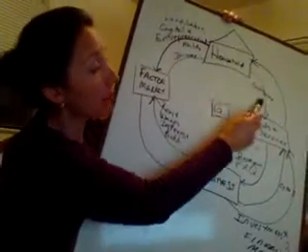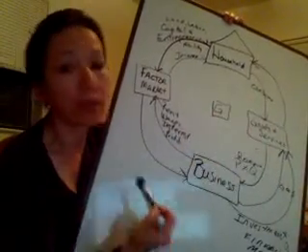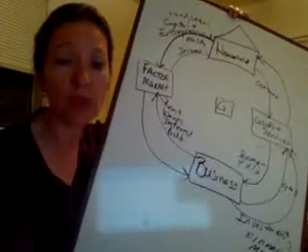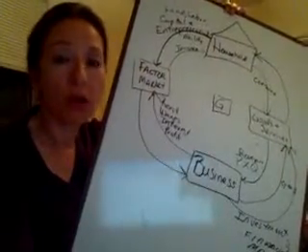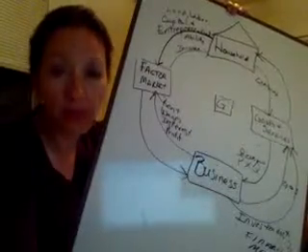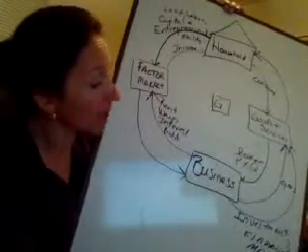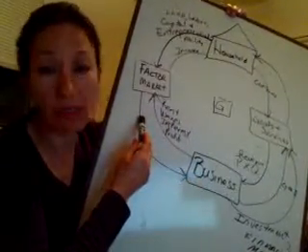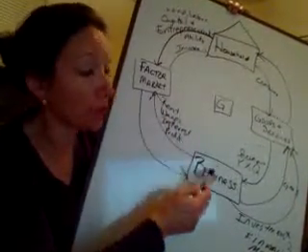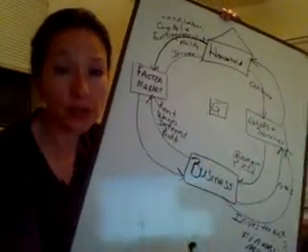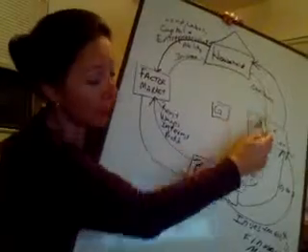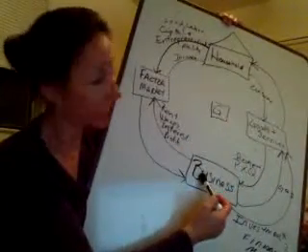Now, what would happen if households stopped buying things? If you stop buying your blue jeans or your tennis shoes, or you stop going out to eat, well, what would happen then is that the business sector would have to stop hiring people. They would lay people off because nobody's buying their stuff over here in the goods and services market. So once people stop consuming, businesses stop producing.